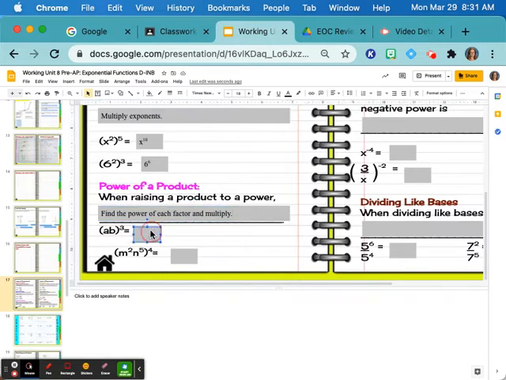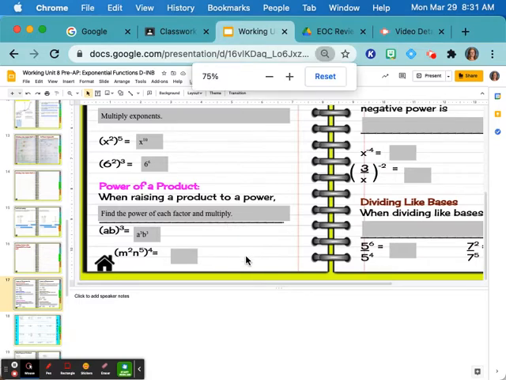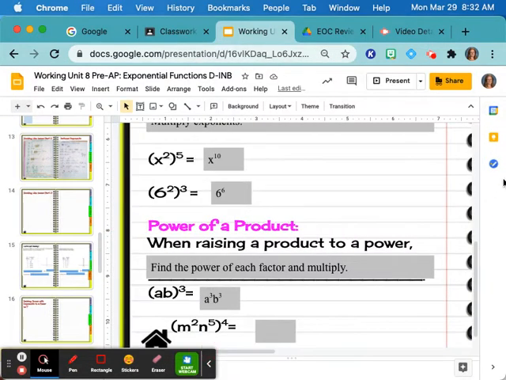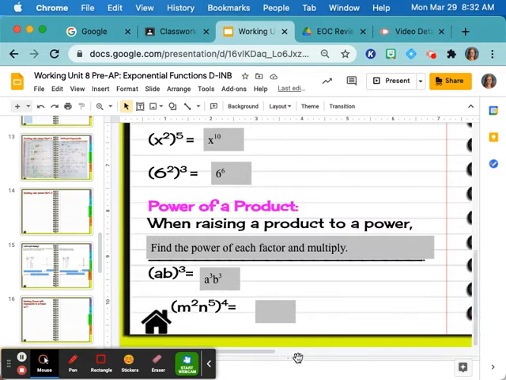So AB to the third power will be what? A to the third, B to the third. Hopefully you can see that a little better.